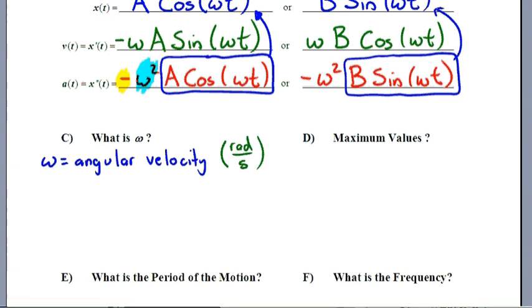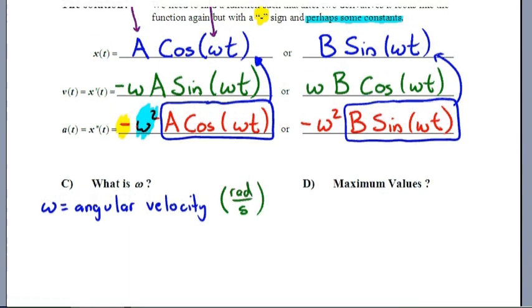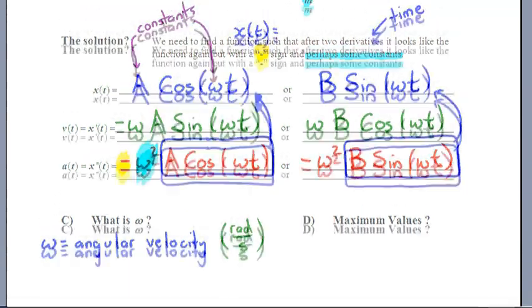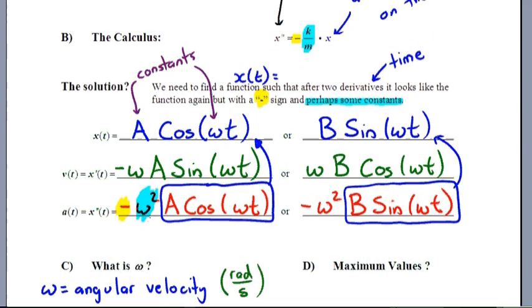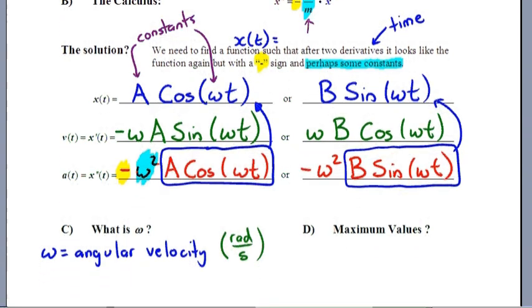And if you're wondering, well, how do I figure out what this omega should be in order to get the right math graph? Well, all we have to do is realize that the omega that's showing up here from the calculus, that omega squared, has to be the same as this k over m that's up there in the physics story.